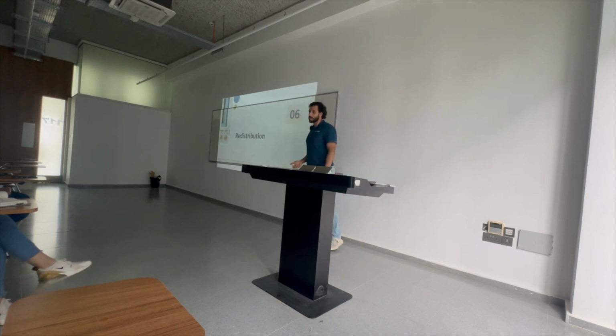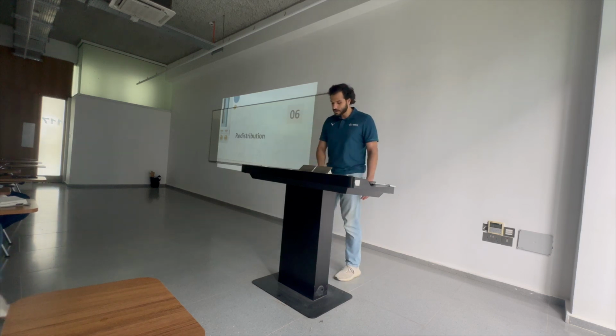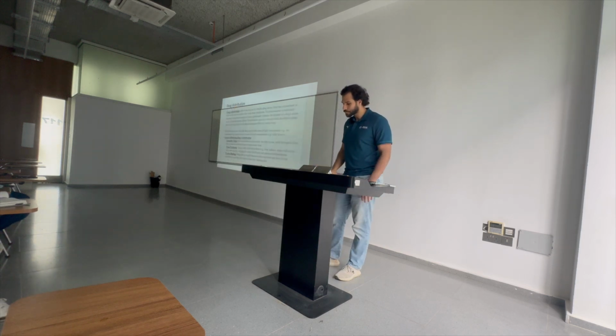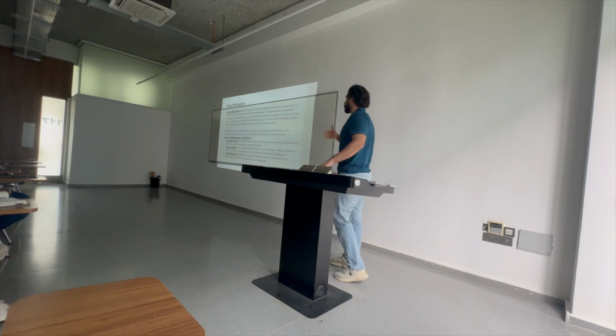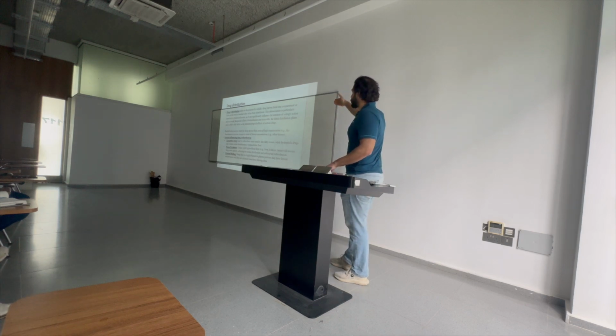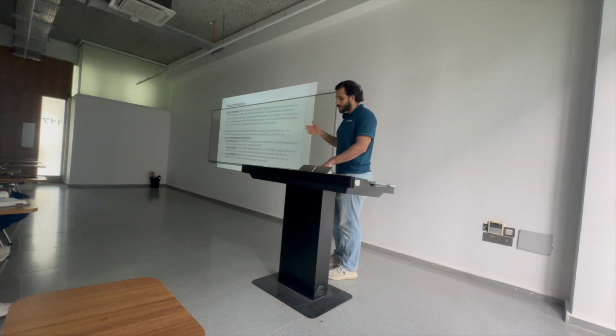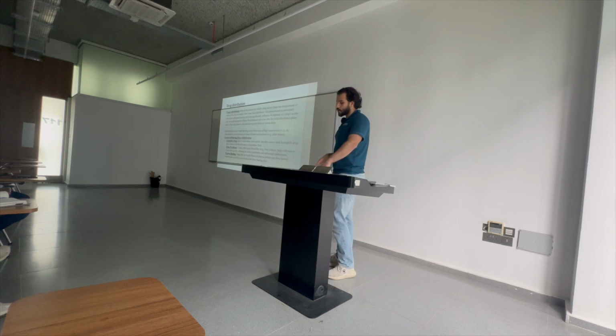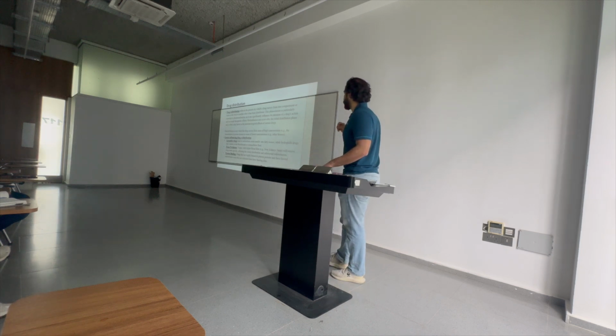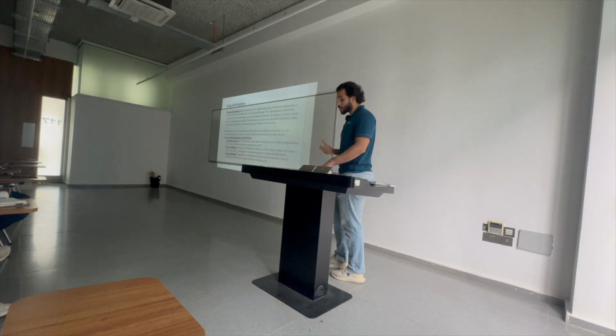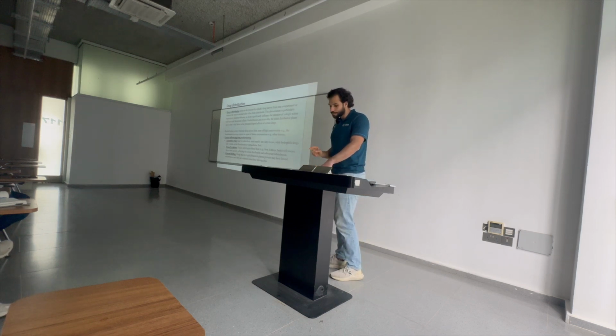So we have here the redistribution. What is redistribution? It is when the drug moves from one compartment or tissue in the body to another after it has been distributed. This phenomenon is particularly important in pharmacokinetics. Why?